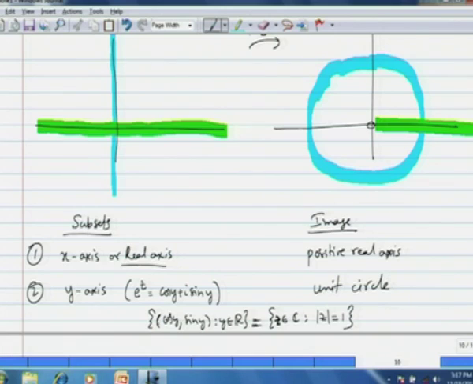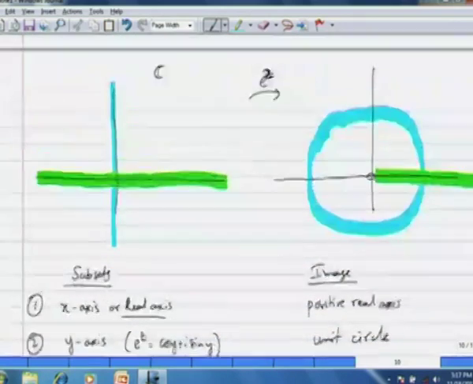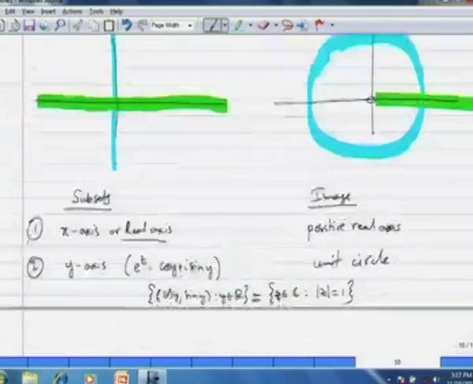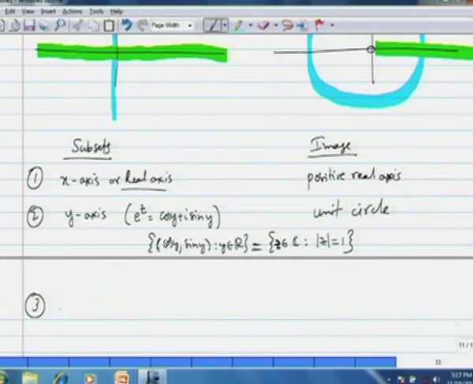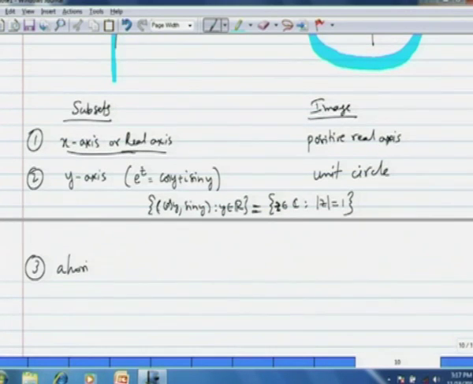Okay. And let us now examine the image of any horizontal line. Okay. So, we have seen that the image of the x axis is the positive real axis. Okay. For a horizontal line, the equation is y is constant. Okay.